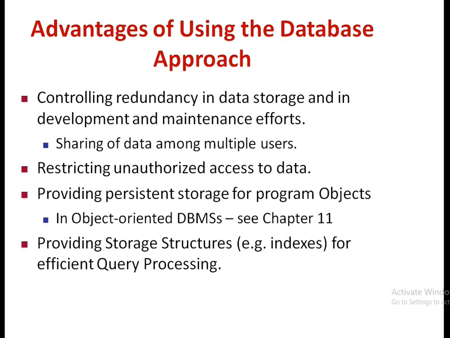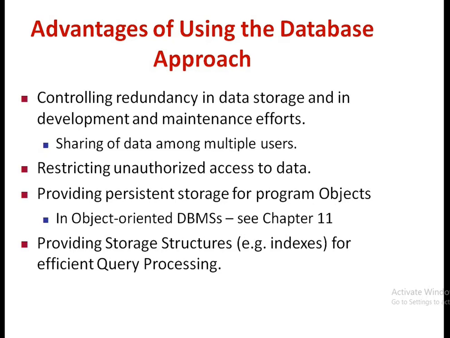The second advantage is restricting unauthorized access. When multiple users have a large database, it is likely that most users will not be authorized to access all information in the database. For example, financial data is often considered confidential. Only authorized persons are allowed to access such data.